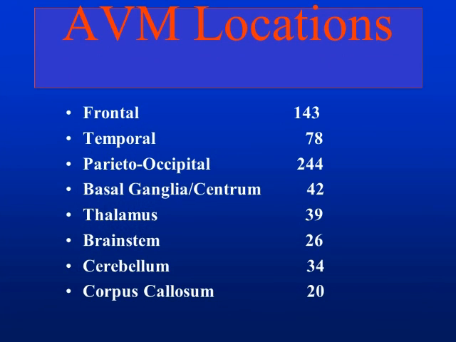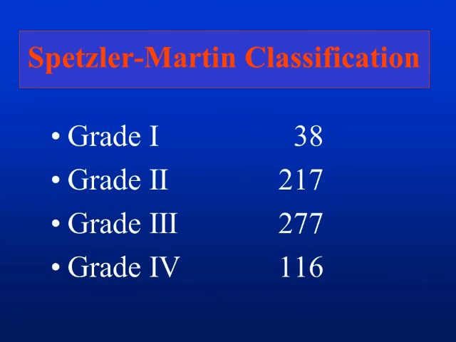And these are the locations of the AVMs. These are the Spetzler-Martin grades of the AVMs that we've treated. We very rarely would treat a grade 1 because they're almost always going to be low risk for surgery. There are actually a lot of grade 2s that I think most of my colleagues consider to be risky, primarily because of their location.